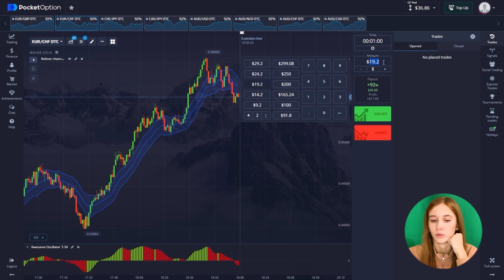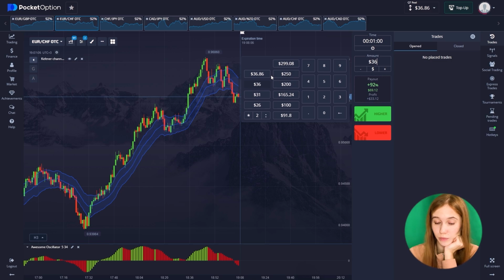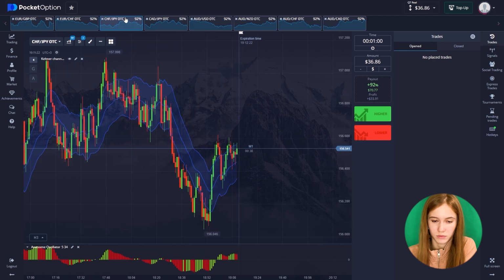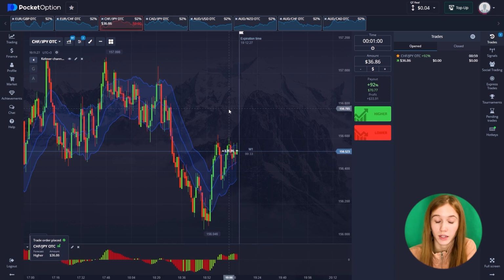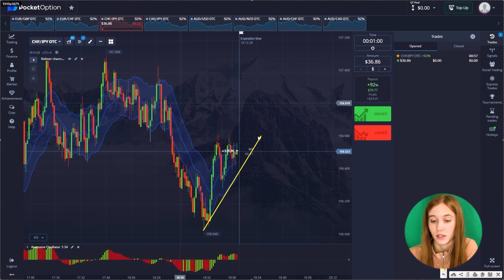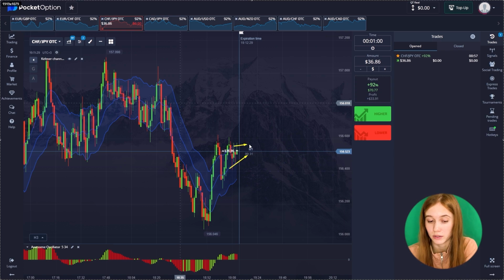So we increase our deal amount to $36 and we will move on. Here we are in the third currency pair. Let's open it and start our technical analysis. At the moment, we see that our trend is clearly moving upward. By the Keltner channel, we see we keep the price above our midpoints.